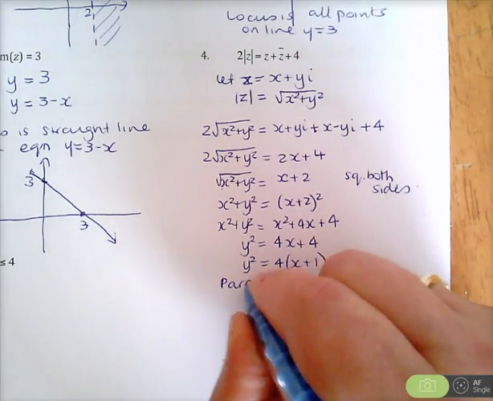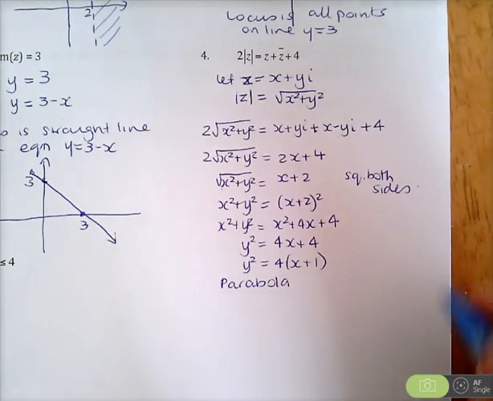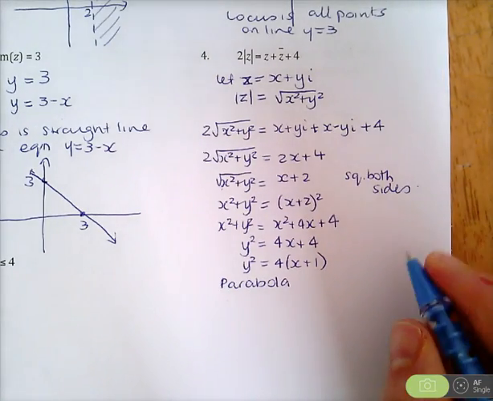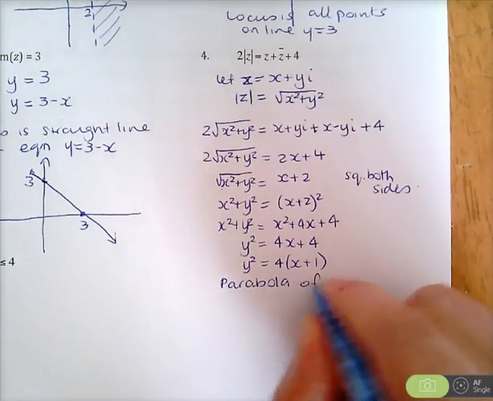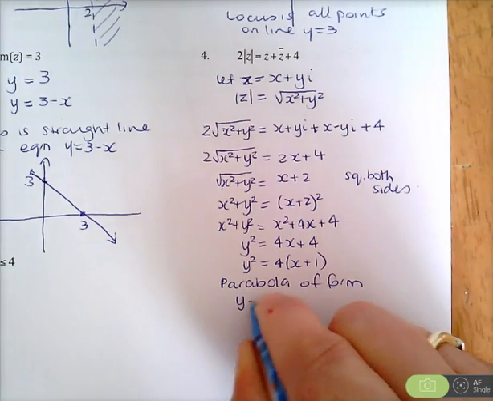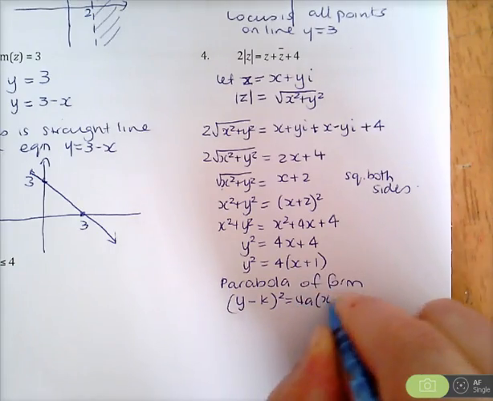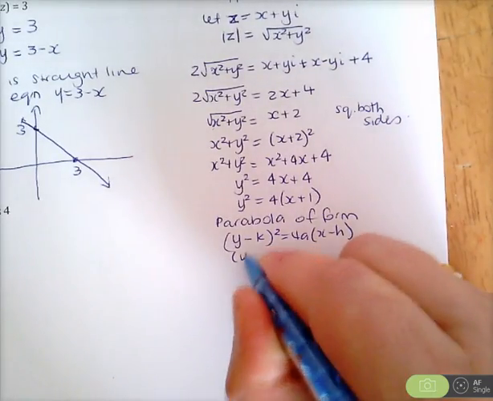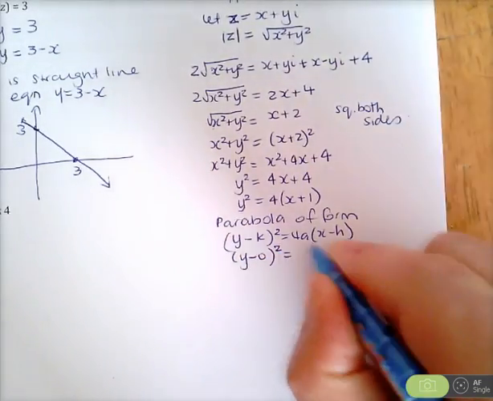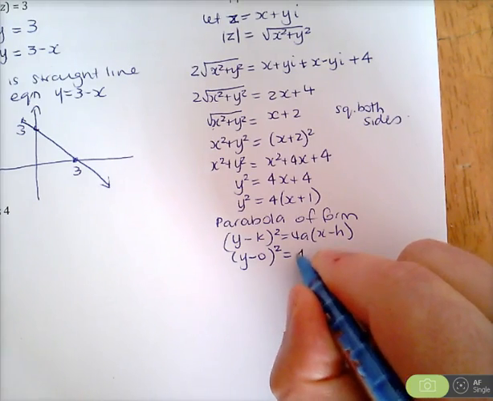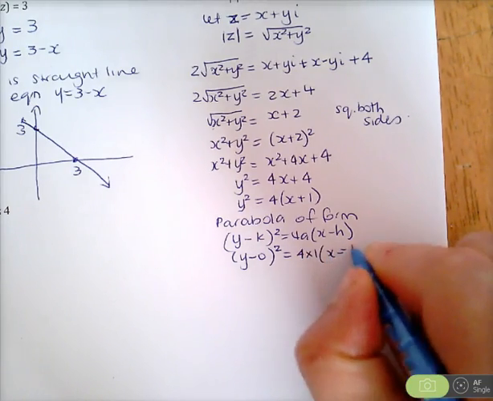So this is a parabola. It is the y squared equals 4ax type, and it's of the form (y minus k) squared equals 4a(x minus h). It really is (y minus 0) squared equals 4 times 1 times (x minus negative 1).